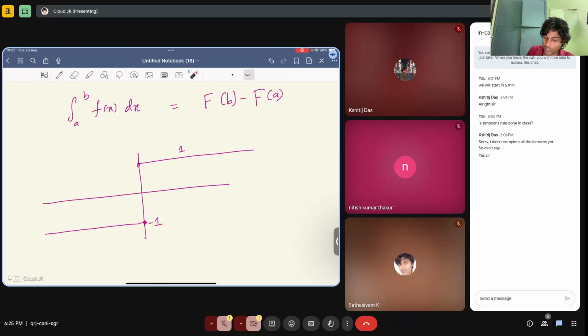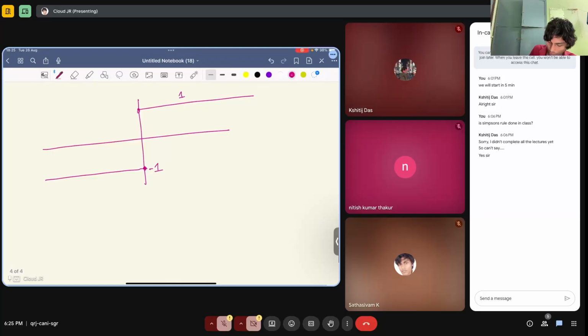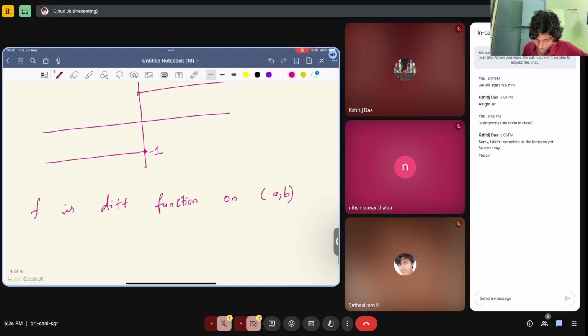So basically what you can easily prove is that the derivative of any function has the intermediate value property. If you remember, let's say f is a differentiable function on the open interval (a, b), then what we can prove is that its derivative has the intermediate value property.